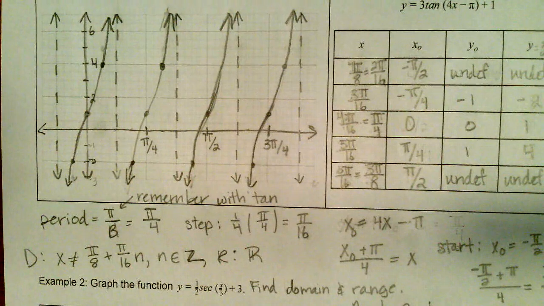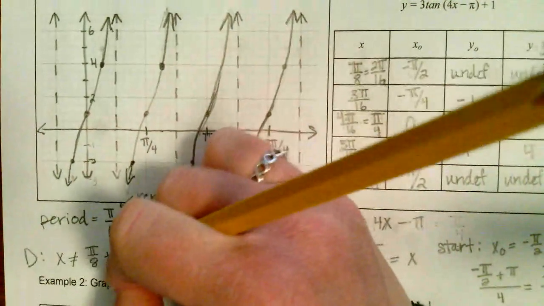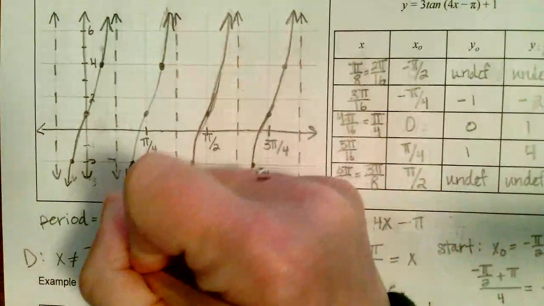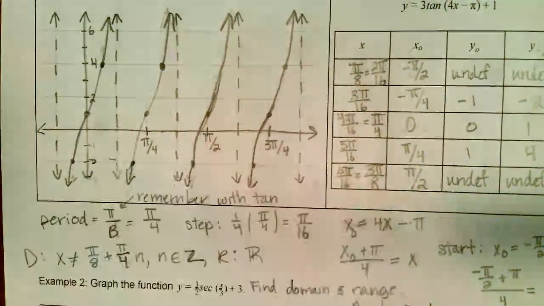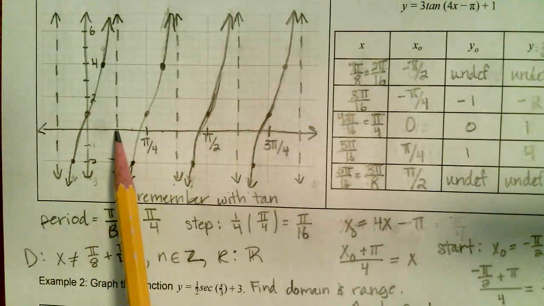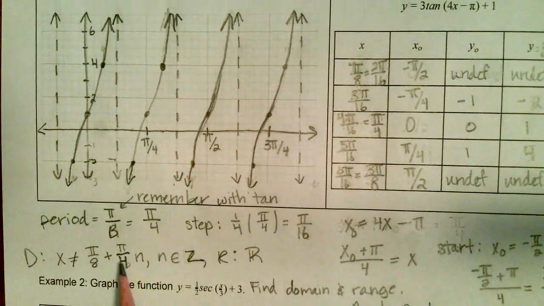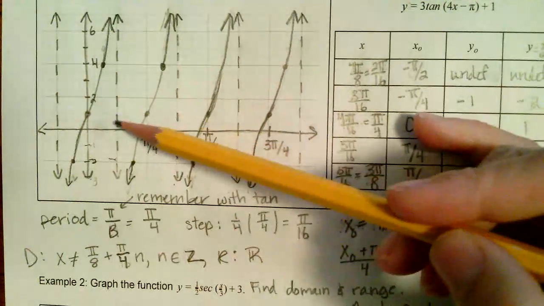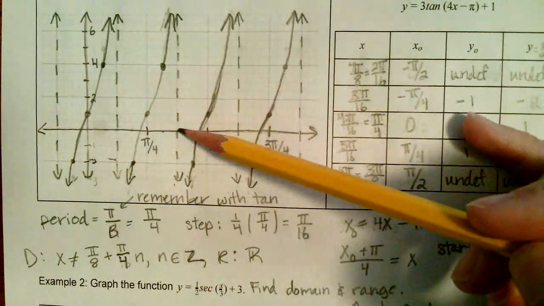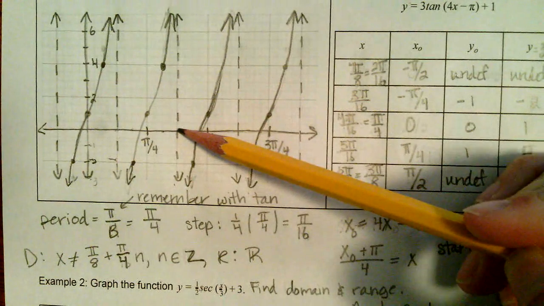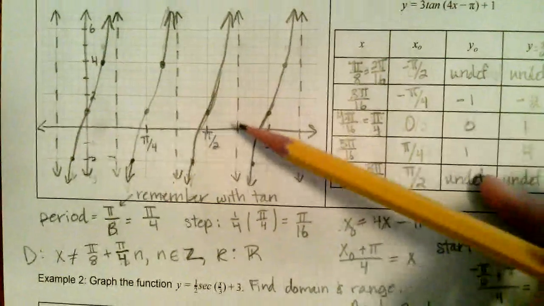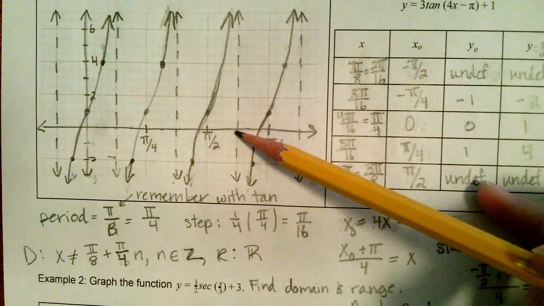I apologize, on mine it's a mistake. This should be pi over 4, because I'm going 1 period until my next asymptote, and that is pi over 4 units. But it's happening after 1 pi over 4 cycle, and then it's happening over another pi over 4 cycle.